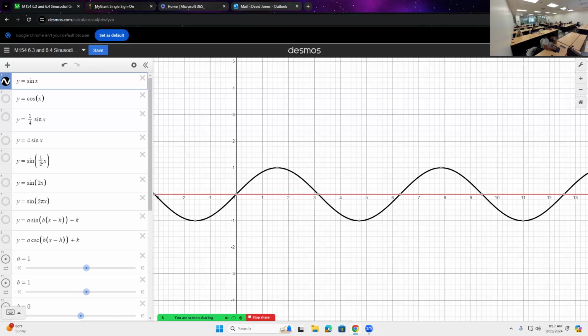If we look at something in front of x inside the trig function, I'm going to show you 2x first. It's a little hard to follow, but the black one is our original and it repeats every 2 pi. This one is repeating every pi.